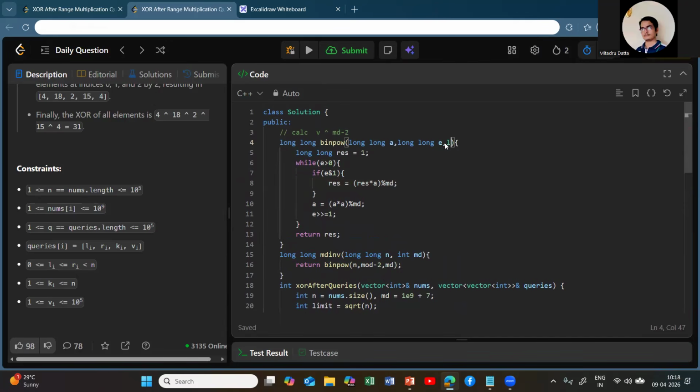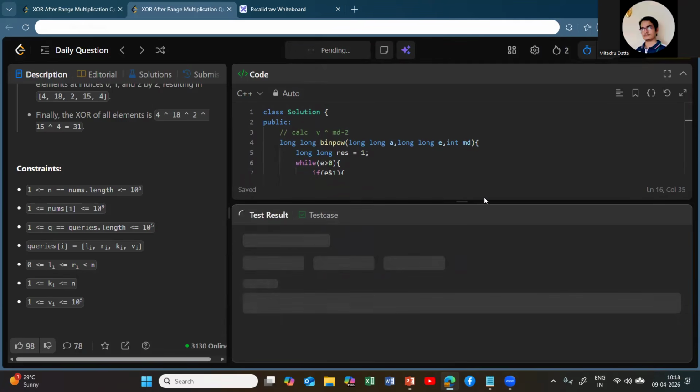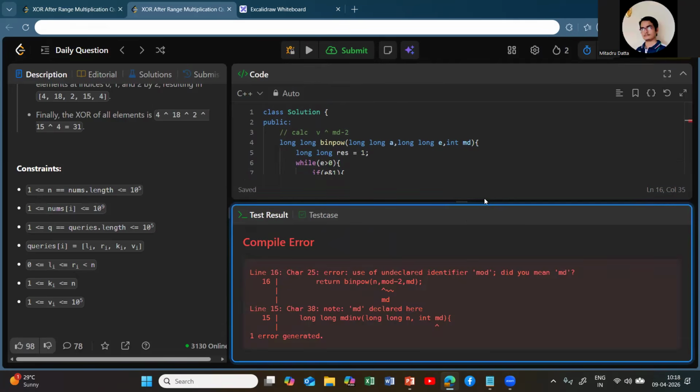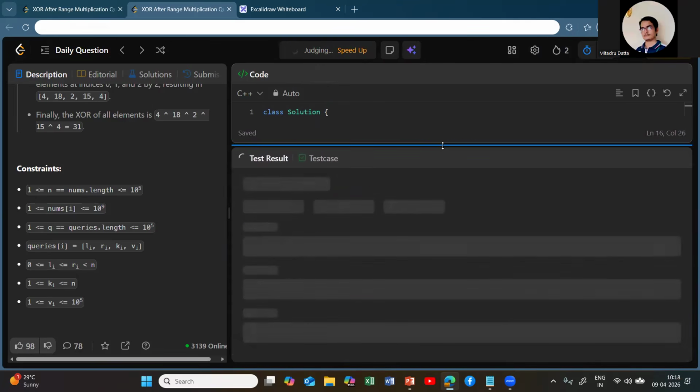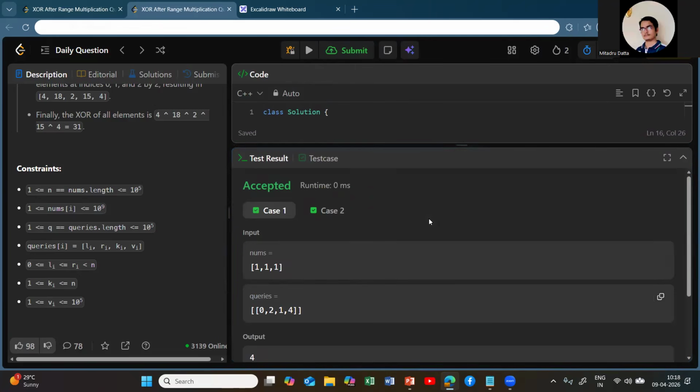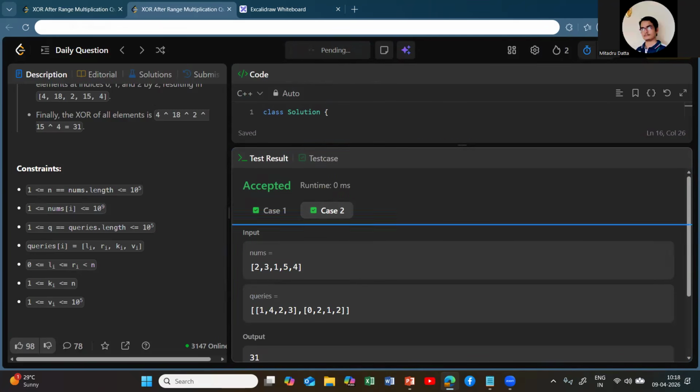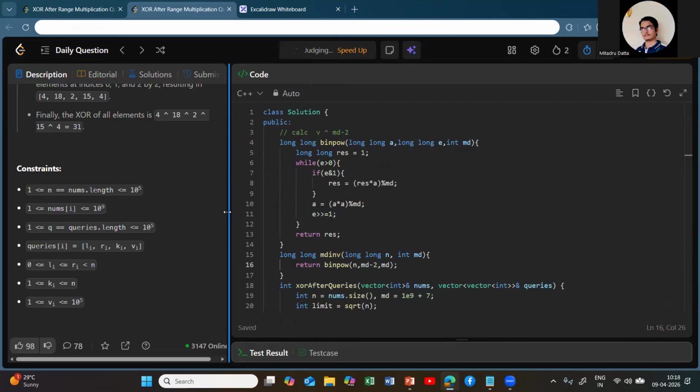I did not define mod here. Okay, this is MD, right? Not MOD. So let's see now. Yeah, we did get the accepted thing. Let's try to submit for all cases and check. I hope this will be just fine.